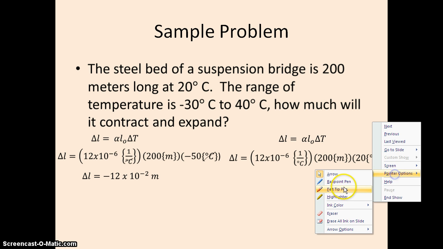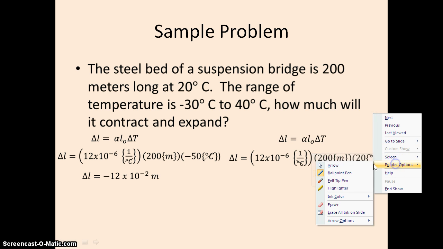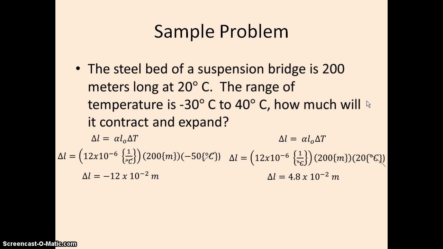I can also cancel the degrees Celsius on the bottom in my alpha with the degrees Celsius on the top, and we are left with a unit of meters. The amount that the bridge expands is 4.8 times 10 to the negative 2 meters. So it gets 4.8 centimeters larger over the course of the year when the temperature goes from 20 degrees to 40 degrees Celsius.